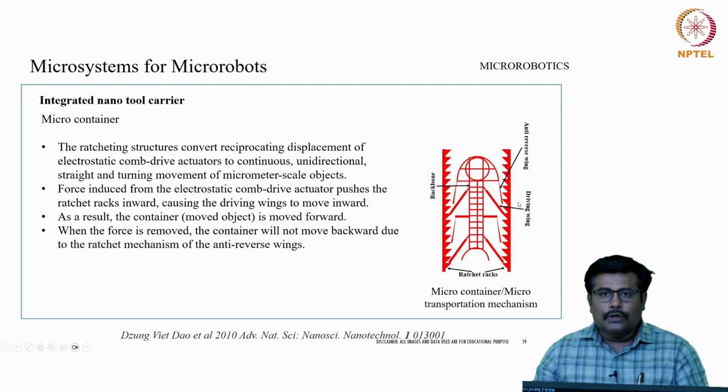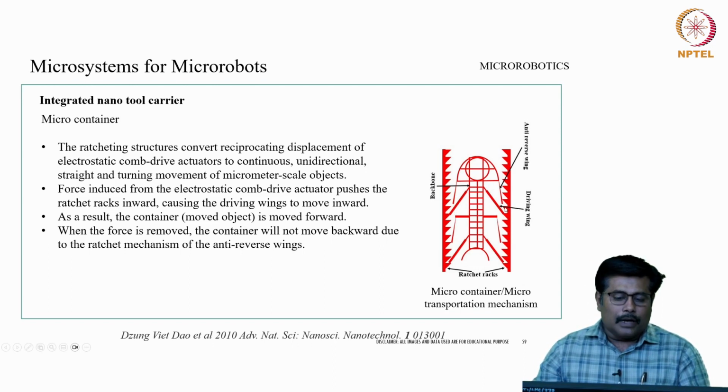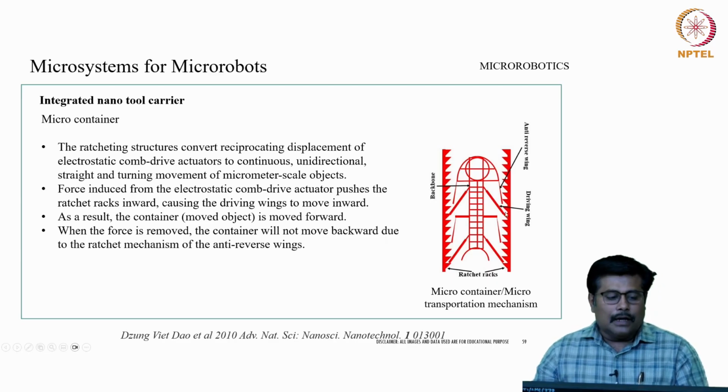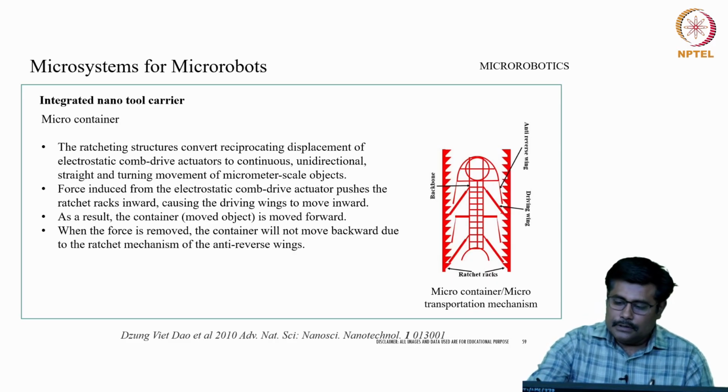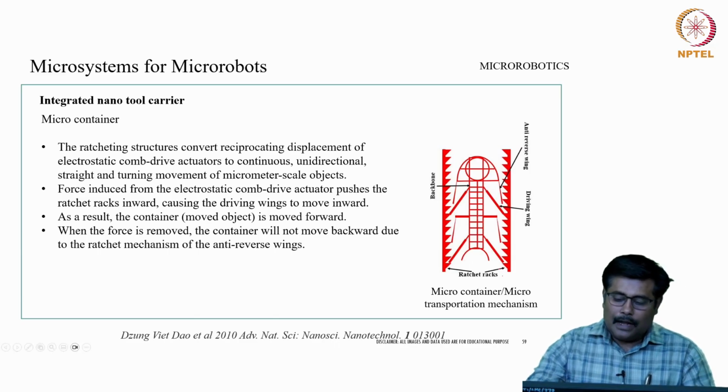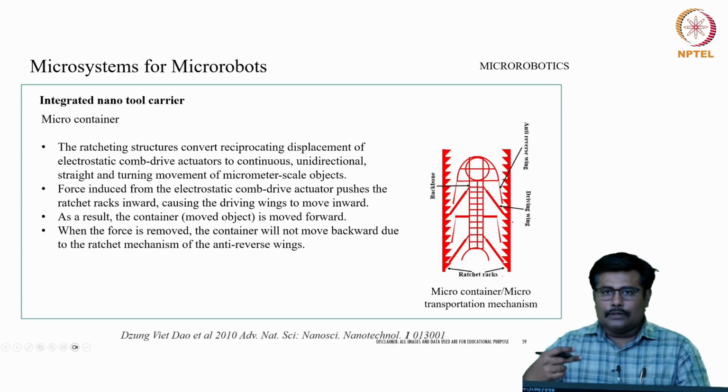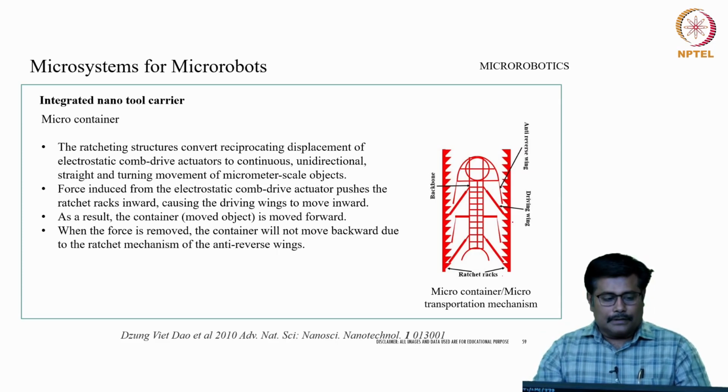The force induced from the electrostatic comb drive actuator pushes the ratchet rack inwards, causing the driving wing to move inwards. So, this is the driving wing, this is the reverse wing, and this is a backbone arrangement. The ratchet rack will push it, and then the driving wing and the reverse wing will appropriately actuate it to get the required characteristics.